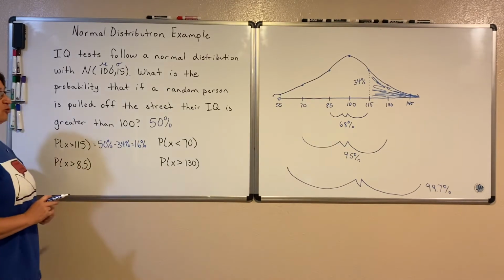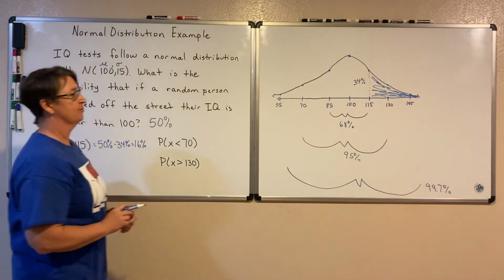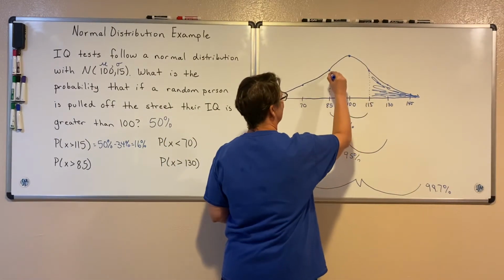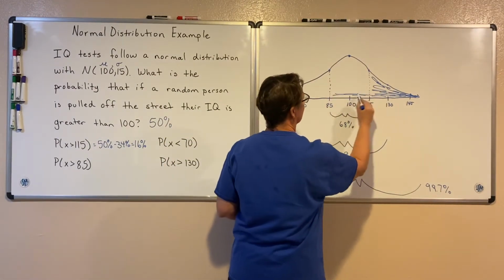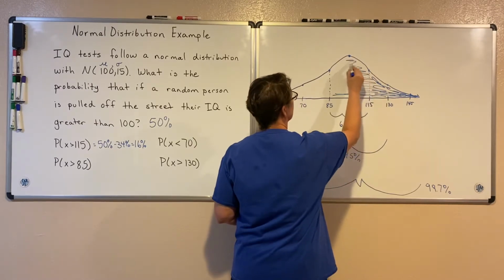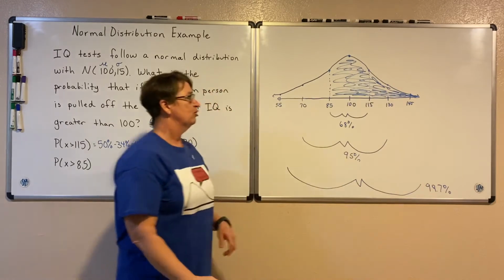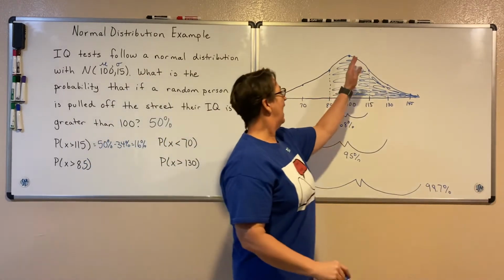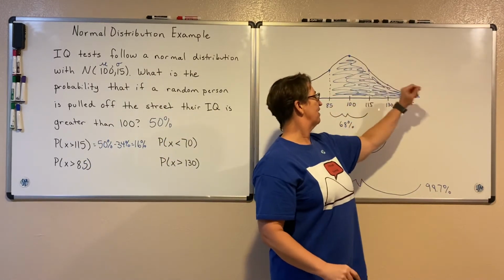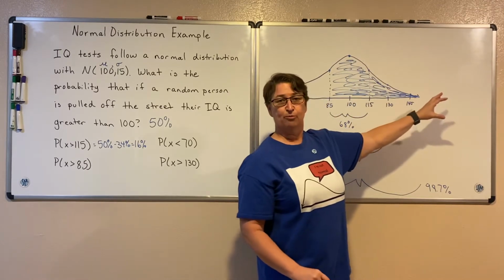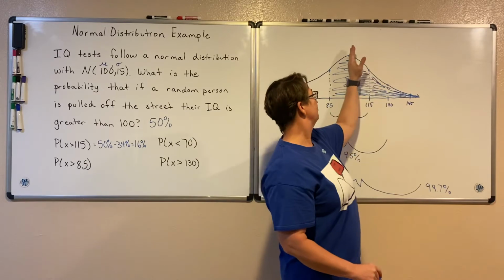Let's try now greater than 85. So now I'm looking at this area, from 85 on, that direction. And again, I'm going to use that same strategy where if I can use this half of my graph, I'm going to notice that 50% is that way, so the probability is going to be more than 50%.